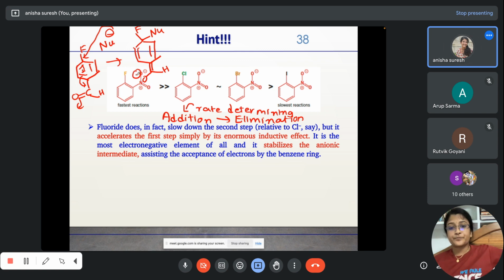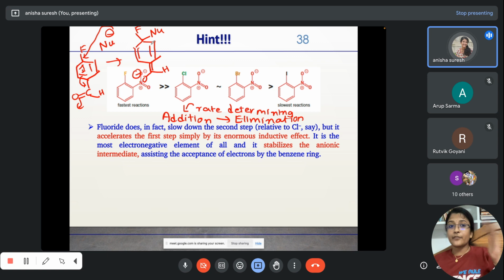So this negative charge will be stabilized by the enormous inductive effect. Fluorine is highly electron withdrawing in nature, so it will withdraw electrons by means of inductive effect. So this fluorine will be stabilizing this intermediate. Because of that, the intermediate energy will be coming down.